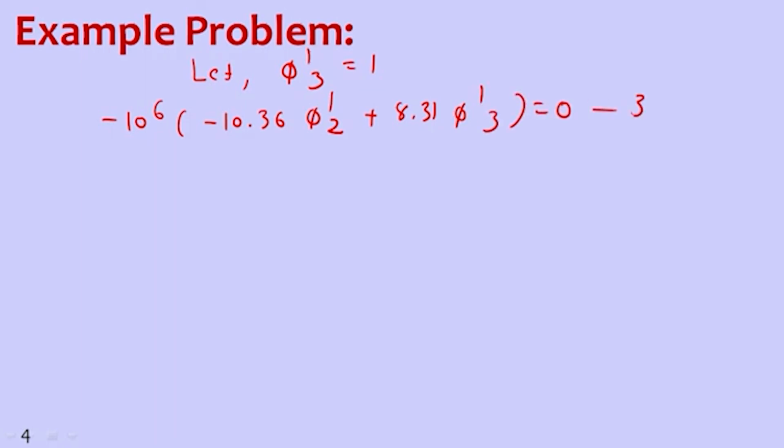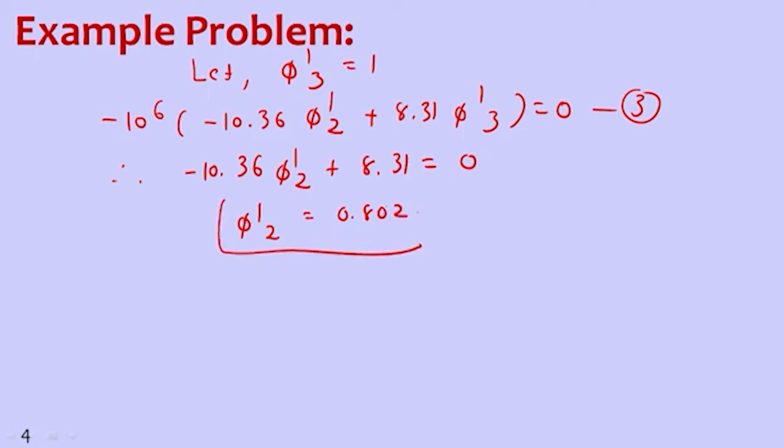So this is the third equation. Now if I substitute phi 13 as 1, I will get 10.36 phi 12 plus 8.31 is equal to 0.